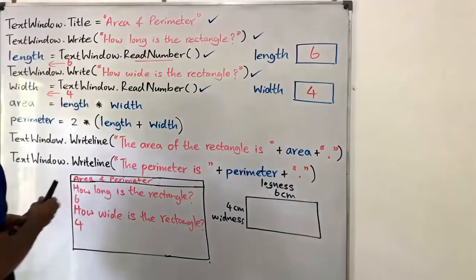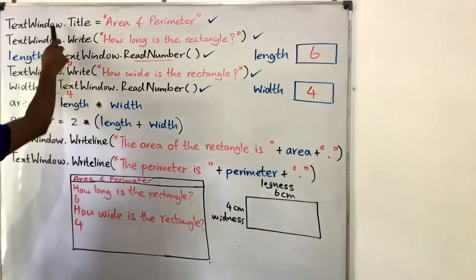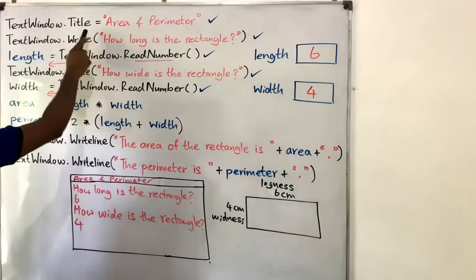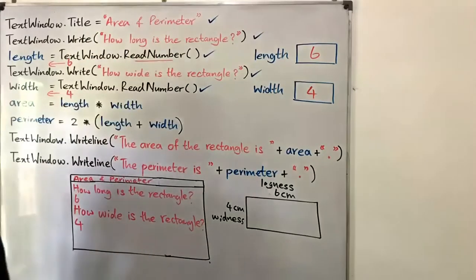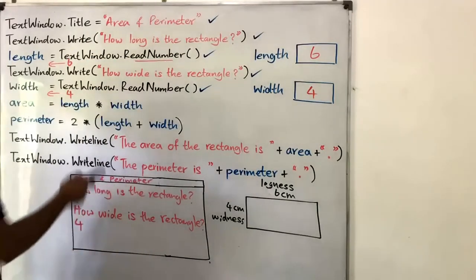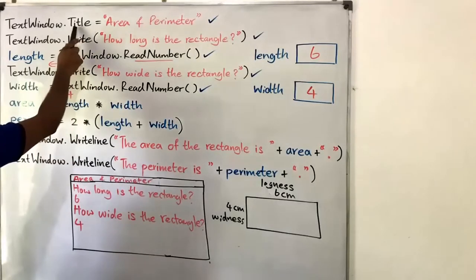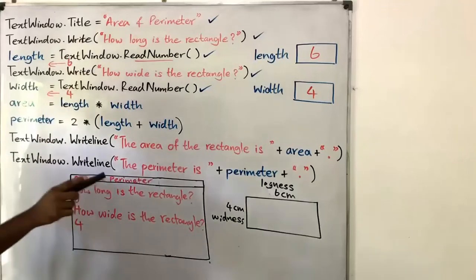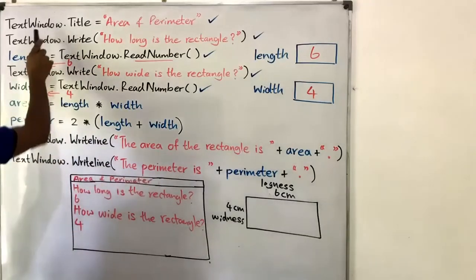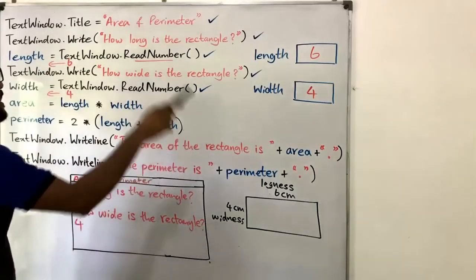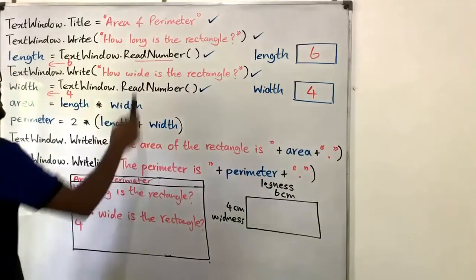In the first statement it says text window, put your title as area and perimeter. There isn't a word called put your title, but dot title means put your title.